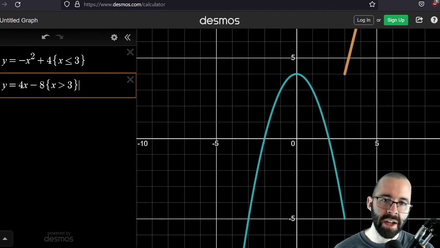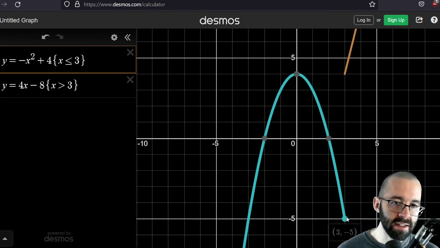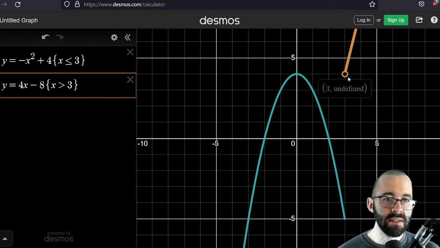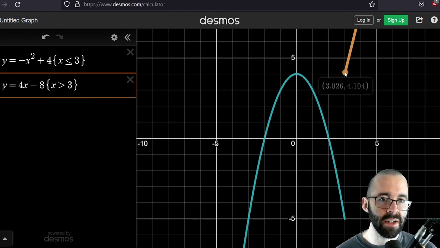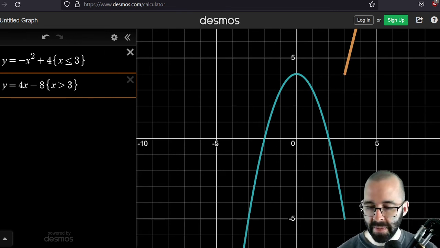And then you can also manually add the open and the closed circles. But either way, you can see that this is a jump discontinuity. The limit from the left exists, and in fact, it's equal to negative 5. And the limit from the right also exists. Again, you can see that open circle when you hover over it. The limit is 4, just like we did in example 1.